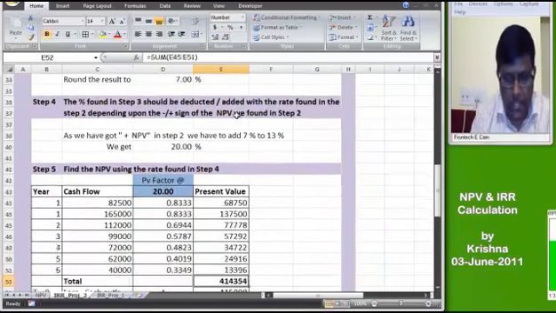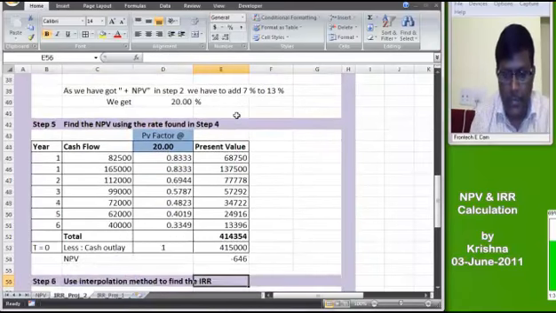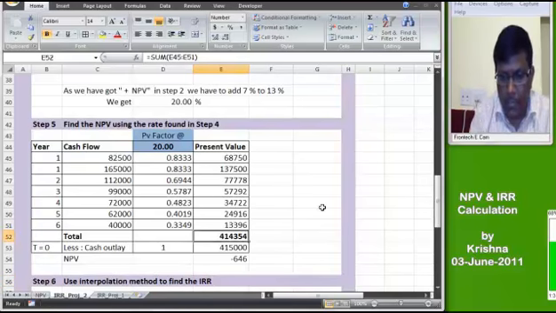In the fifth step, using the 20%, we have to identify the net present value for the project cash flows. So we are having present values of 4,14,354, and we give the cash outlay as 4,15,000.